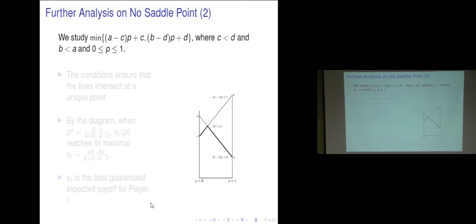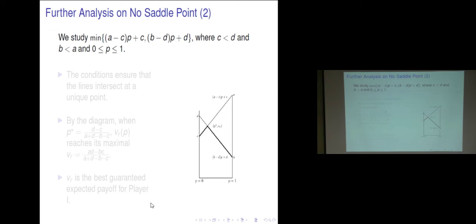So I have to compare C and D, and B and A. For the expression (A minus C) P plus C, when P is 0, the value is C. When P equals 1, the value is A. This is certainly going up because A minus C is bigger than 0. The other one, (B minus D) P plus D, is like this.